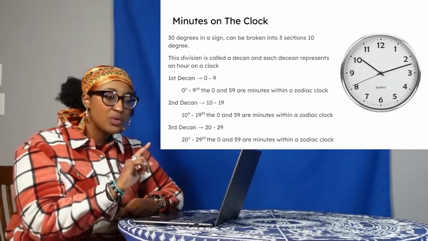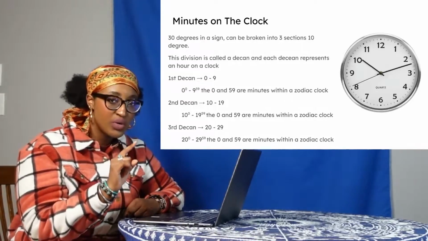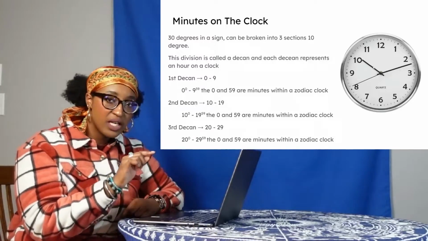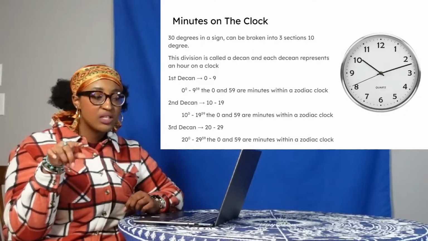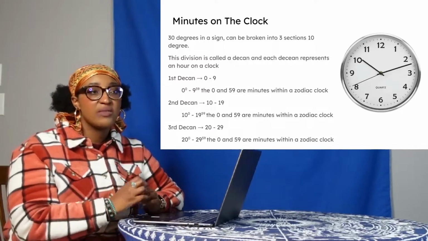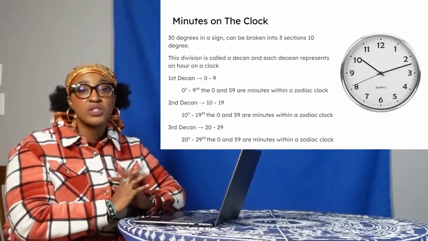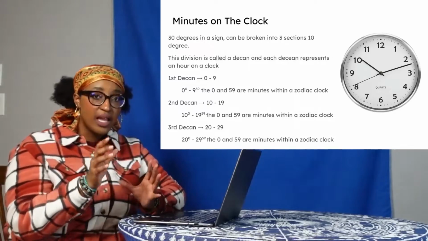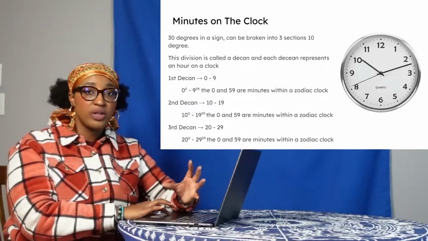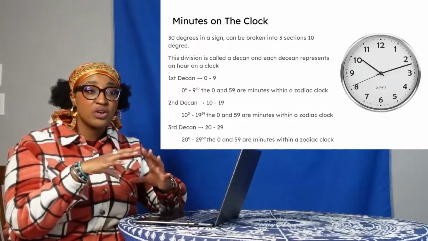And this tells you how many minutes a planet is into a zodiac sign, while also telling how far into the zodiac sign it is on that specific given day. Now, there's a difference between the minute and the degree. The minute represents a day, a 24-hour clock, but the zodiac wheel represents an entire year.